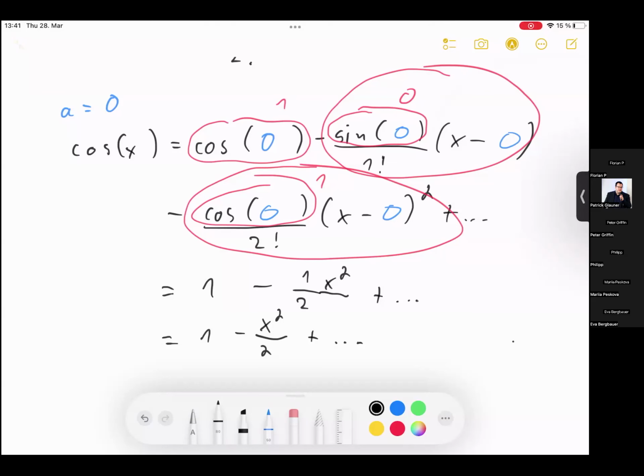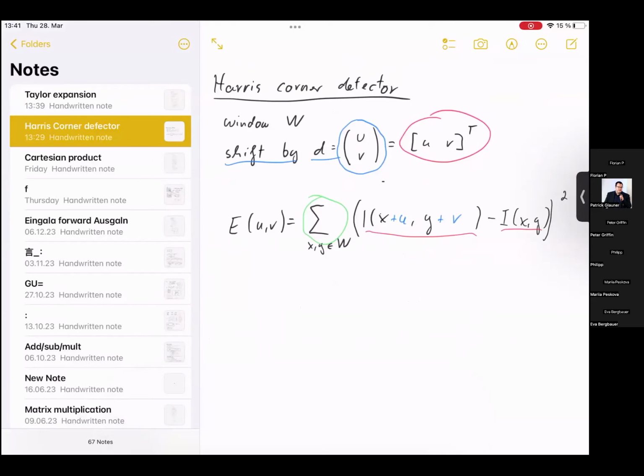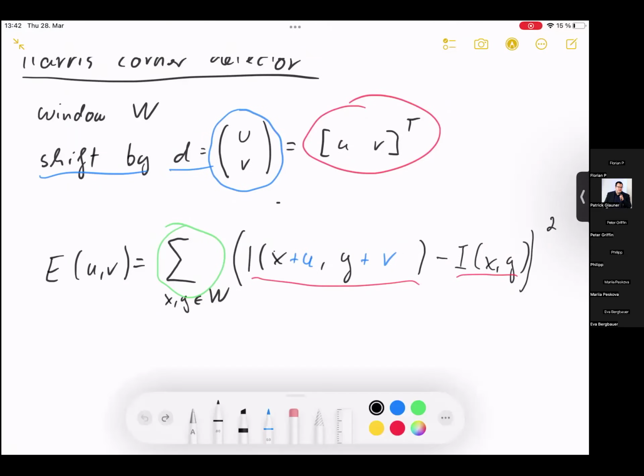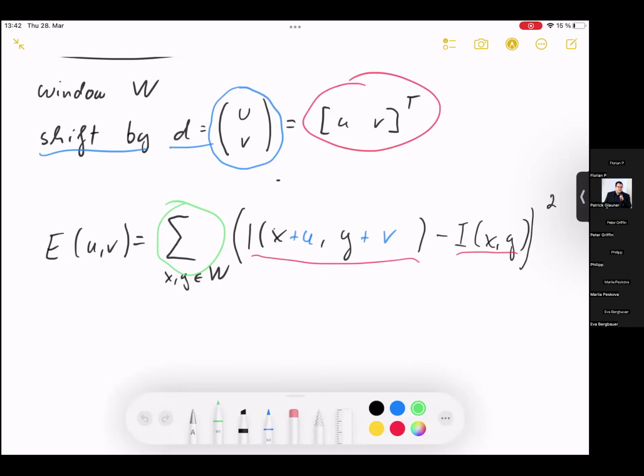And we can go back to our Harris corner detector, because this is the part where we need the Taylor expansion. I actually want to simplify this a little bit. In particular, I have this yellow term, and I want to apply a Taylor expansion to it.